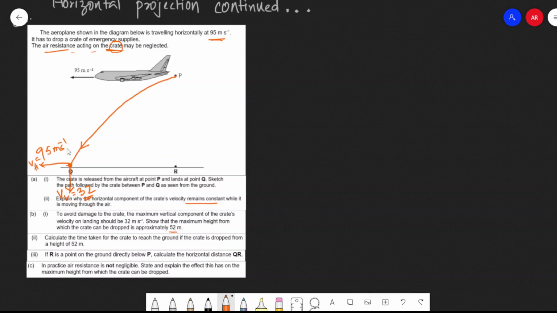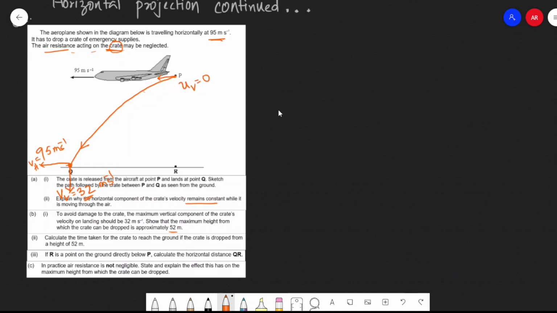Since the horizontal velocity doesn't change, there is no acceleration or deceleration horizontally, but due to gravity the object is speeding up, and this is the maximum vertical velocity it reaches when it is going to hit the ground. It had only the horizontal velocity at the start; the vertical velocity was 0, right here.